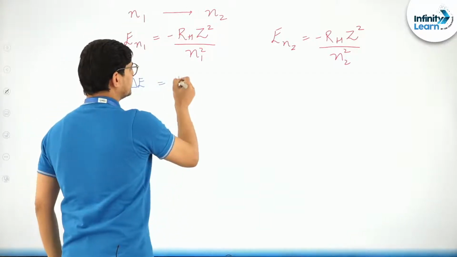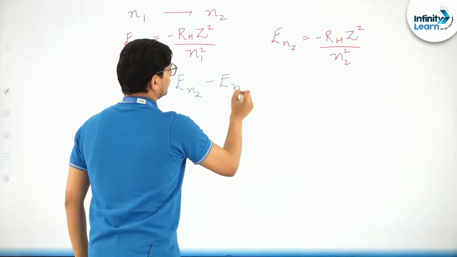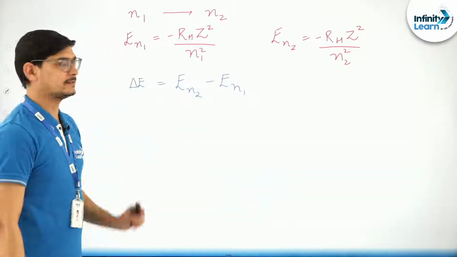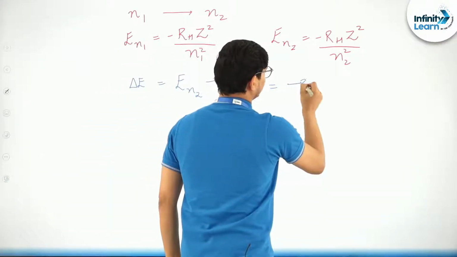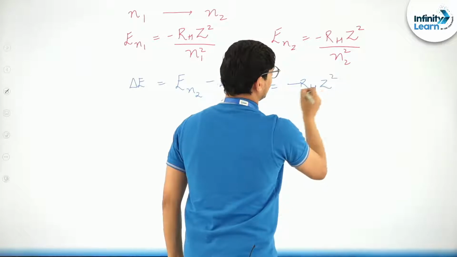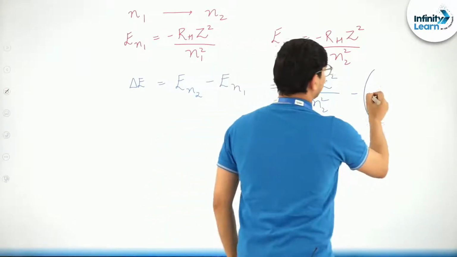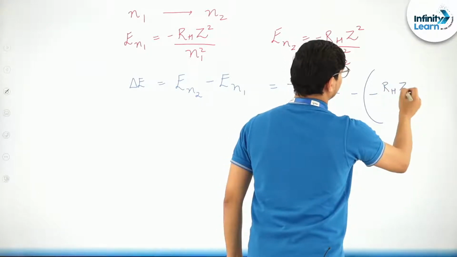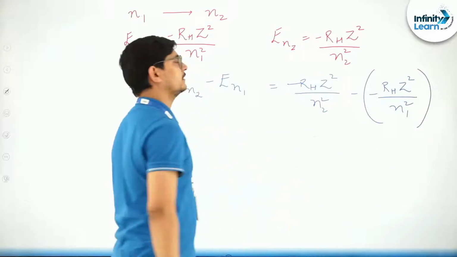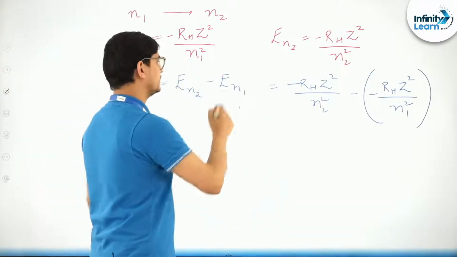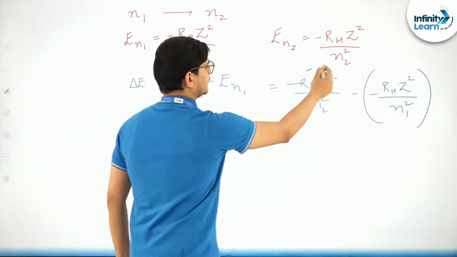This is obviously final minus initial. So this is equal to how much? This is minus Rydberg constant z square by n2 square, minus the negative of Rydberg constant z square by n1 square. Okay, so this negative will turn positive, and you can see very easily that we can take two things common, Rydberg constant and z square.